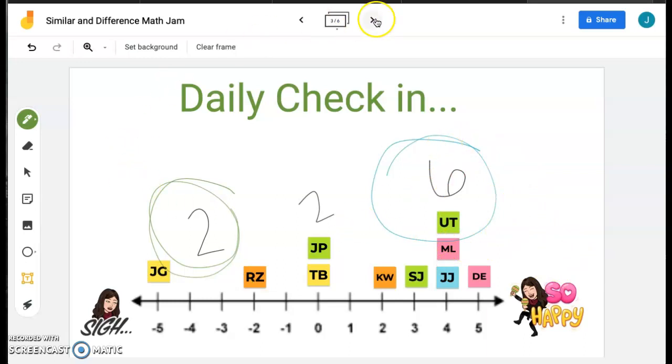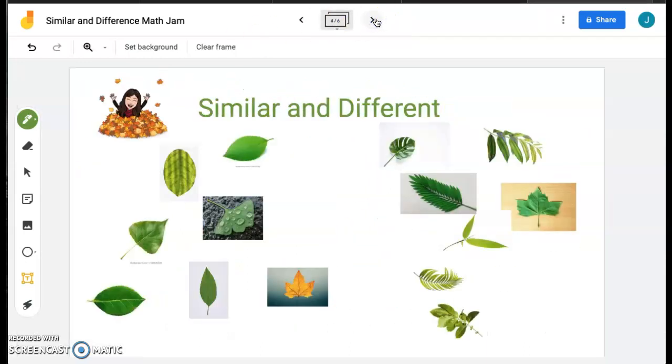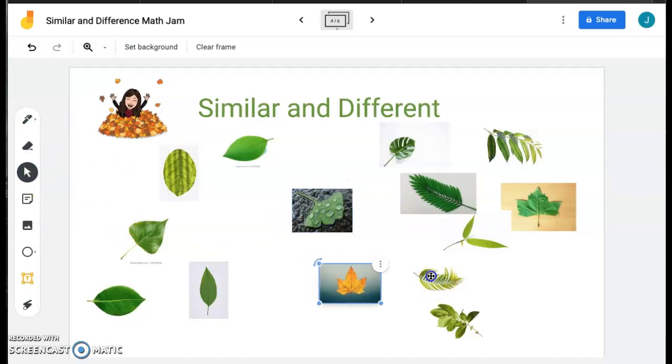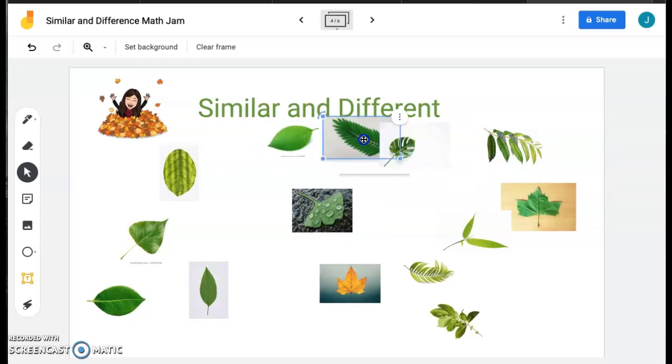Awesome. What we're going to look at next is our leaves, our similarities and our differences within our leaves. If we look at these and we kind of look at our leaves, what can we notice about them? Let's say I take a look at this leaf compared to this leaf.